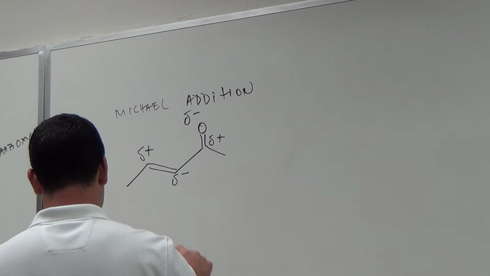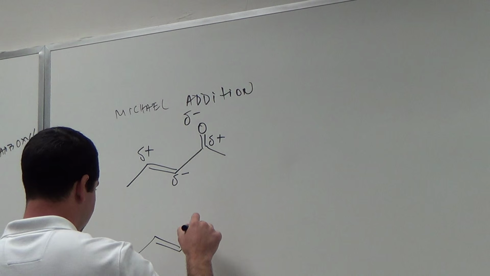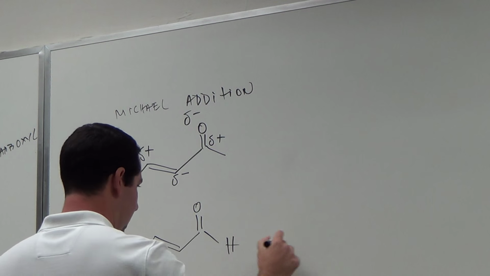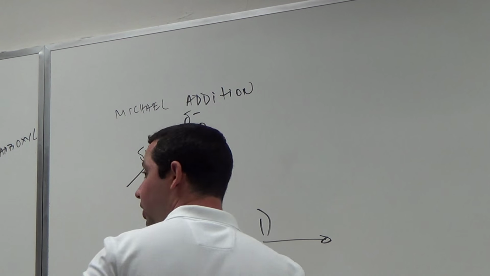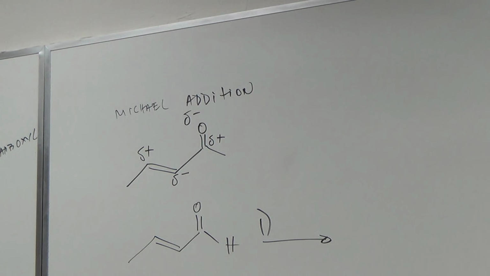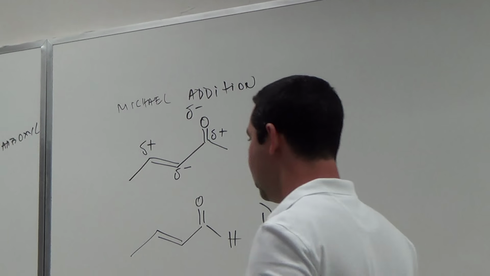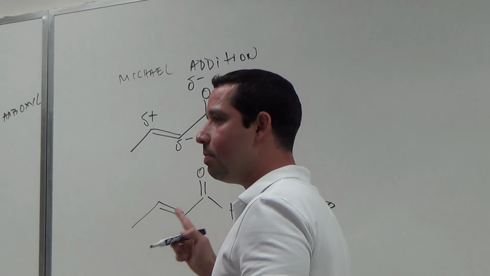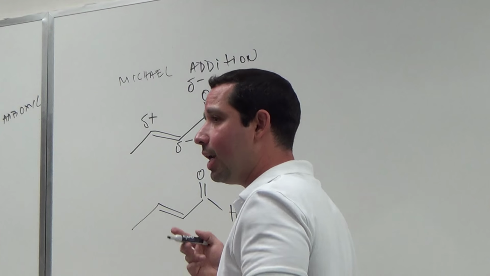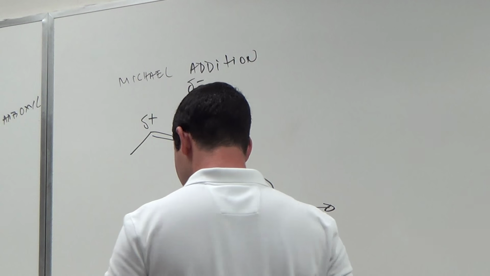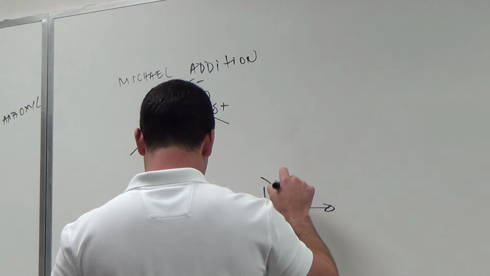You ready? Yep. The attack will be made by what? By a nucleophile. So even if you have never seen this reaction, you know that the attack here will be made by a nucleophile, yes? And you know which ones are nucleophiles because I spent 2 semesters explaining it to you.